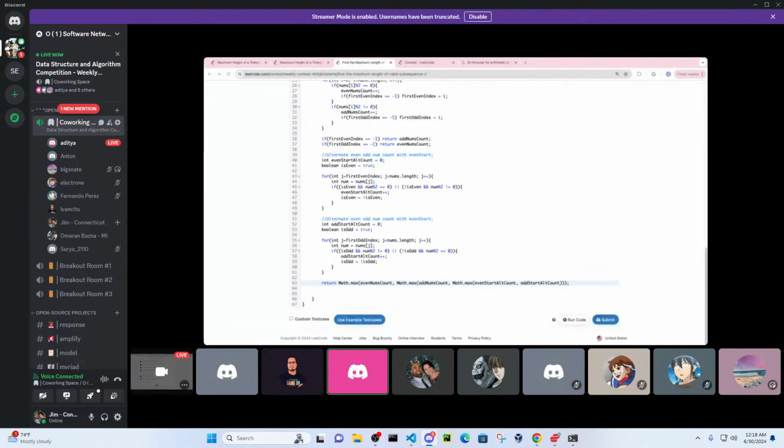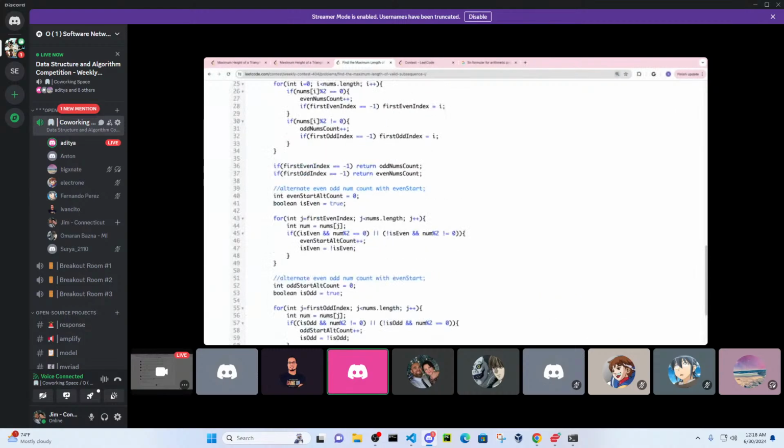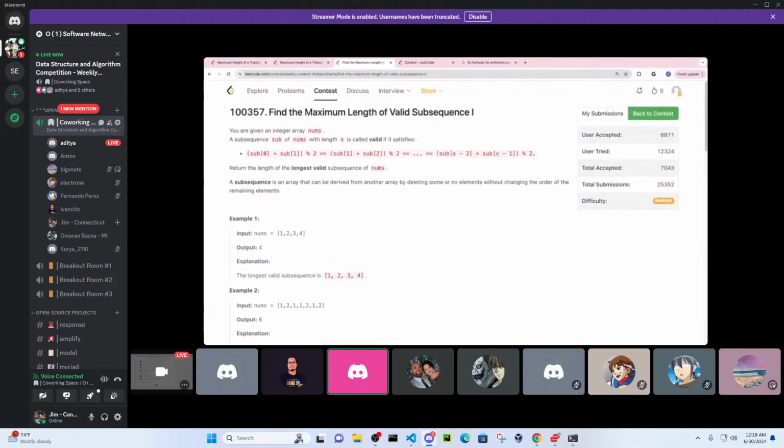So just to tell you the logic. The question is that if we have 1, 2, 3, 4, then the consecutive pairs like 1 and 2, 2 and 3, 3 and 4, if you take their sum and then mod them by 2, that should be equal to the next consecutive pair's sum mod 2, and you need to find the subsequence.